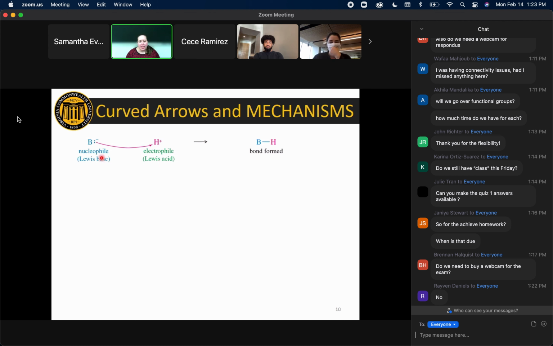Certainly in this generic case, both the nucleophile and the Lewis base term work for this B minus compound. So this arrow shows the electrons flowing from the lone pair where they start to the proton, and they're going to create a new bond here. That bond is going to join atom B, where it starts, with the proton on the other side.